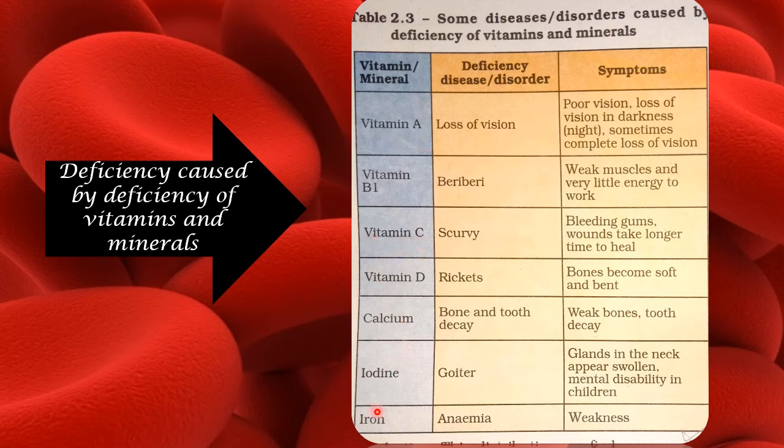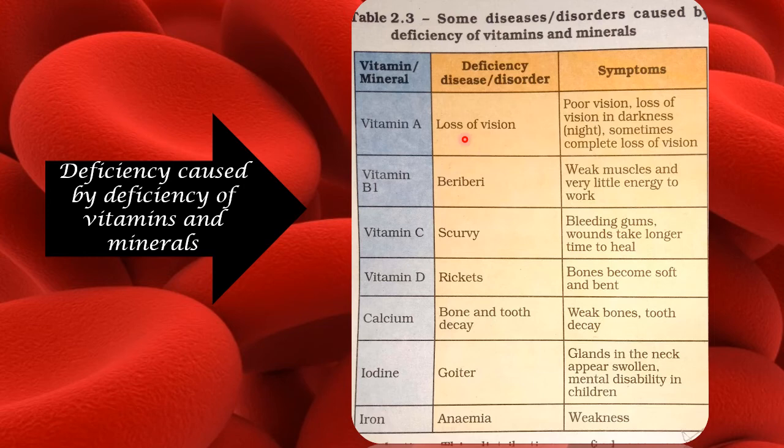So iodine, iron, calcium, all these things come under what? Minerals. So deficiency of vitamin A causes loss of vision. Loss of vision mostly means night blindness happens. Poor vision, loss of vision in the darkness. Night blindness means as it becomes dark in the evening they will lose vision.